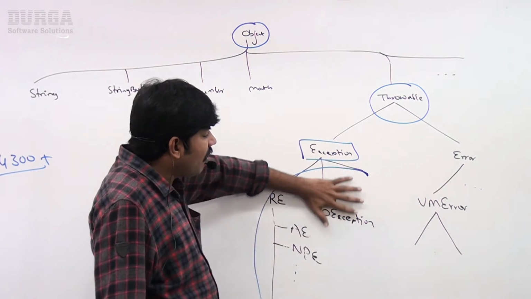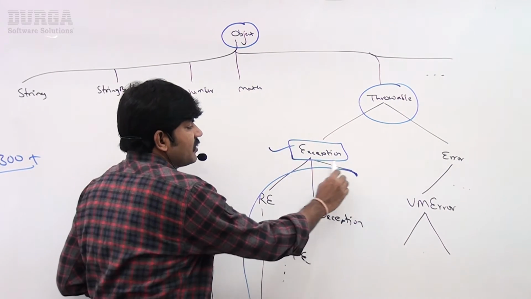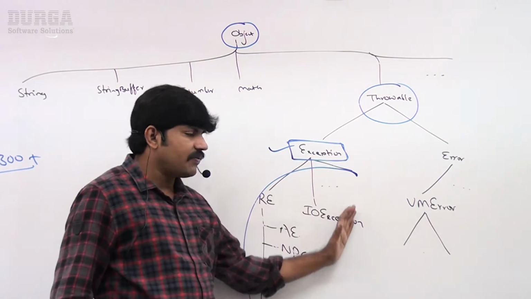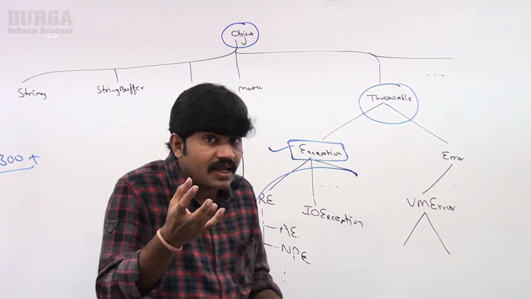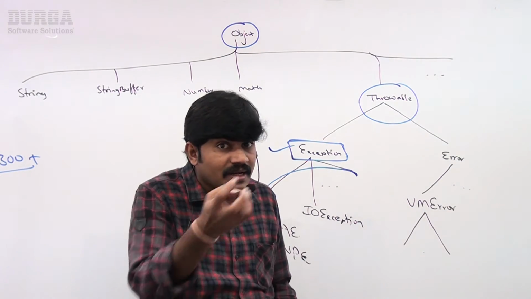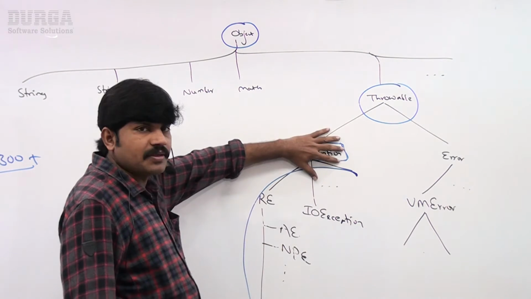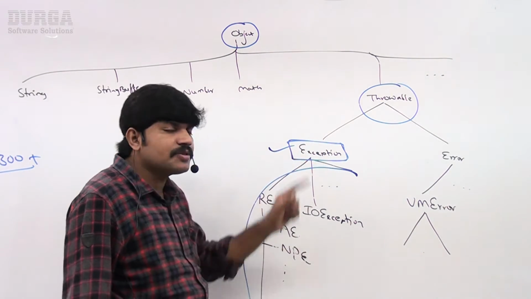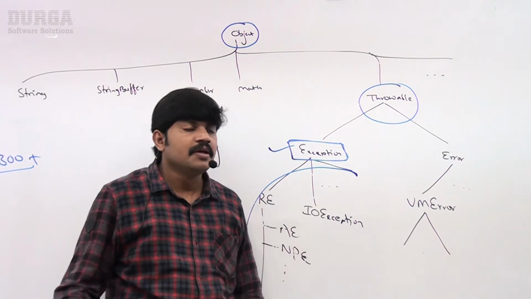That's why the Exception class acts as the parent for all Java exceptions. Observe very carefully, sir: the parent contains common methods, the child contains specific methods, and the child requires parent methods. So all these are children of Exception, because the Exception class contains the most common methods which are required for any type of exception, right?